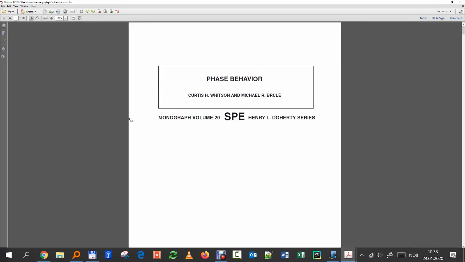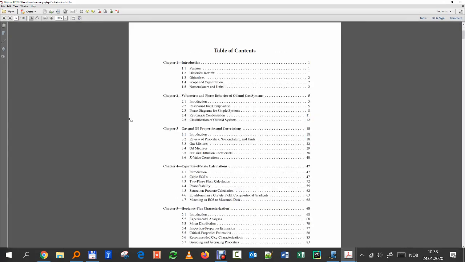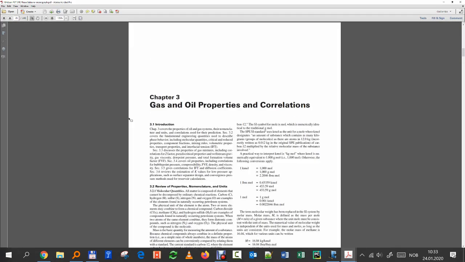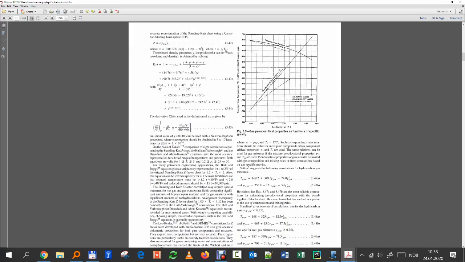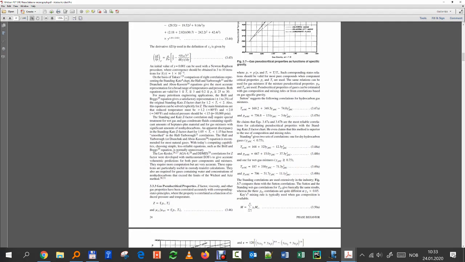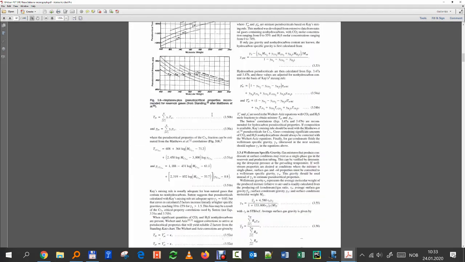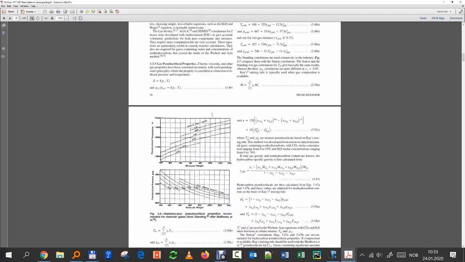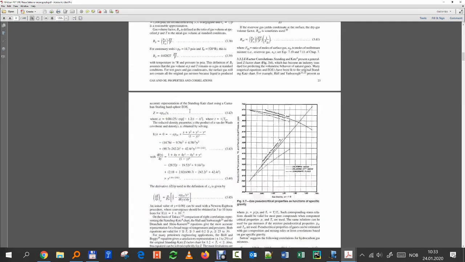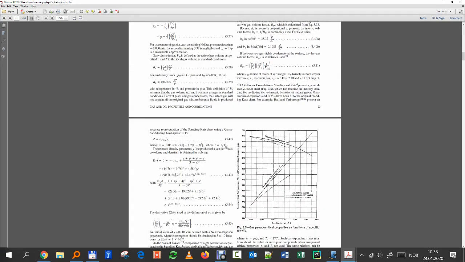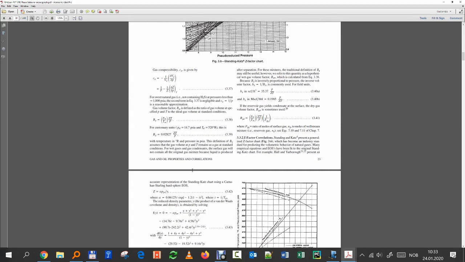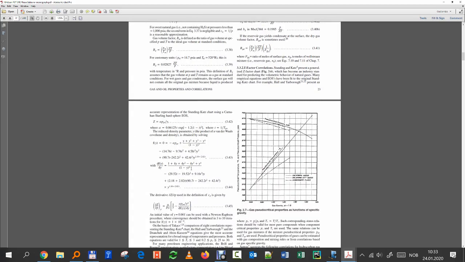You go to that source, and here they show the chart. And here they have the procedure to calculate that chart with an equation. So that's the procedure we're going to use, and it's already pre-programmed for you, so you don't have to do it.